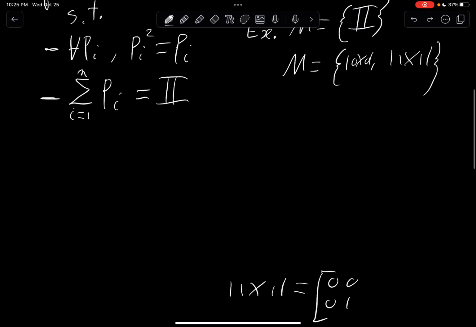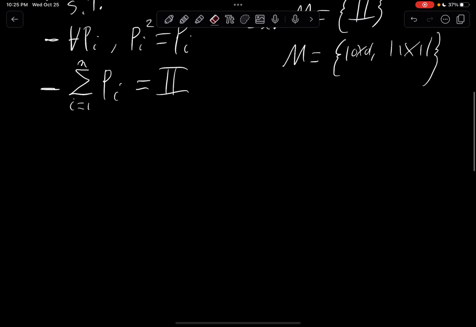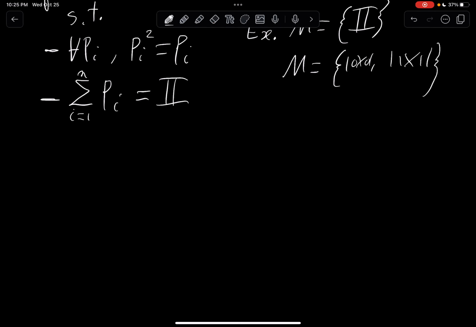Before we continue, I would like to have a quick intermezzo, and this relates a little bit to why this Dirac notation is so useful. So I said that this, if you write it out, becomes this here.